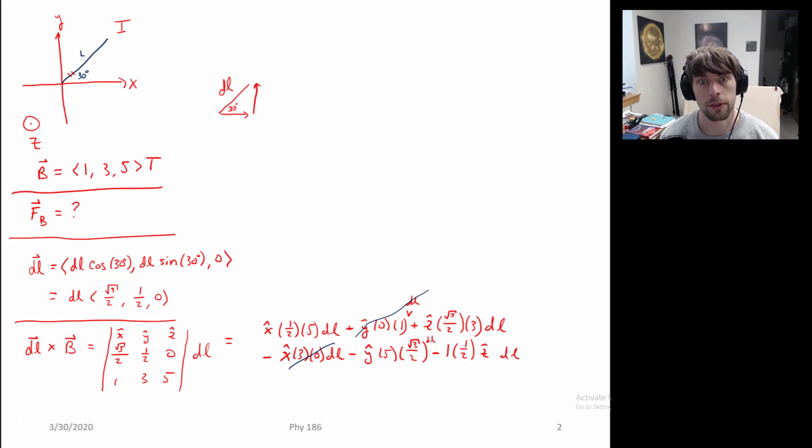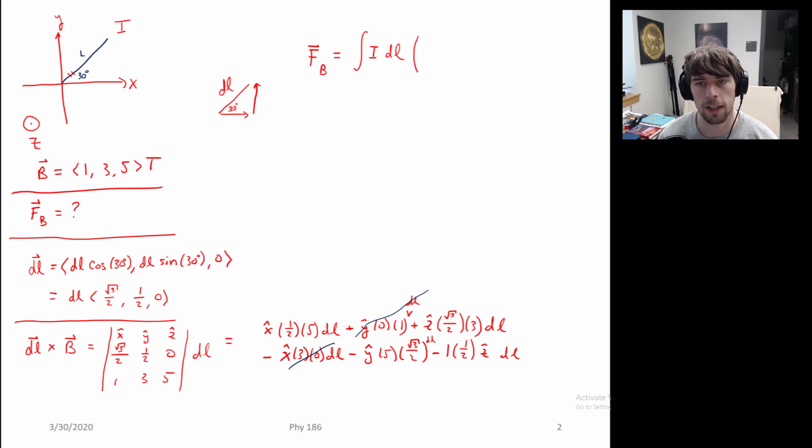Okay. And I'll go ahead and use this white space up here. So at the end of the day, what do we have? We have that the magnetic force is equal to the integral of the current times dl cross B. We have a dl in all of these terms, so I'll just pull that out.